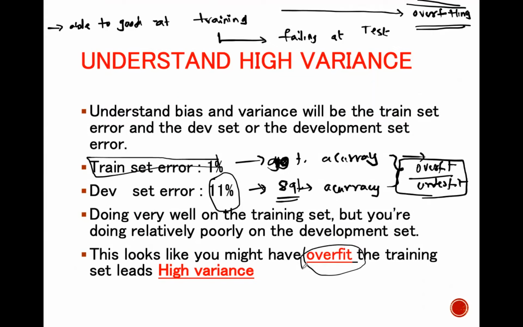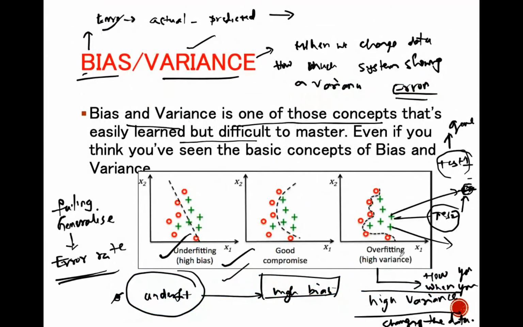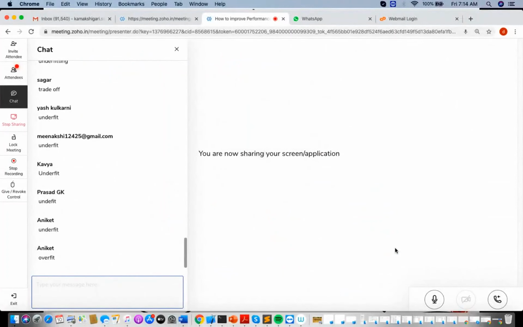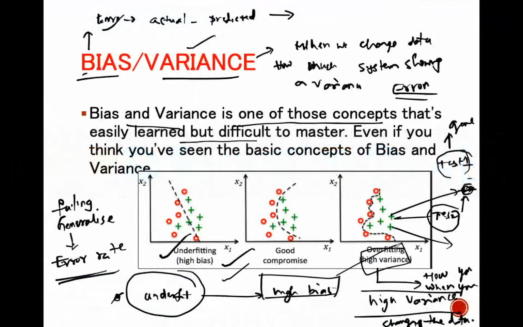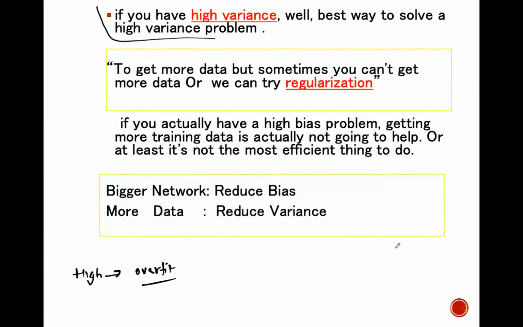Guys, high variance is overfit, right? Overfit, high variance. Ankit, don't get confused. Now, if it is an overfit, what do we need to do?